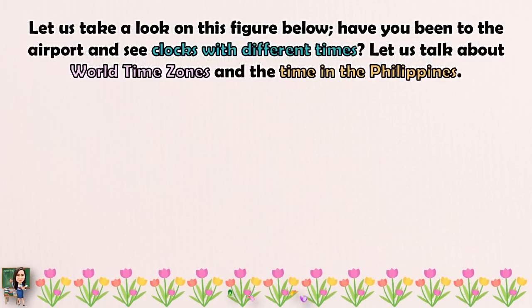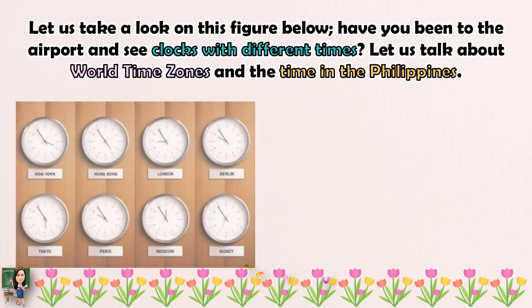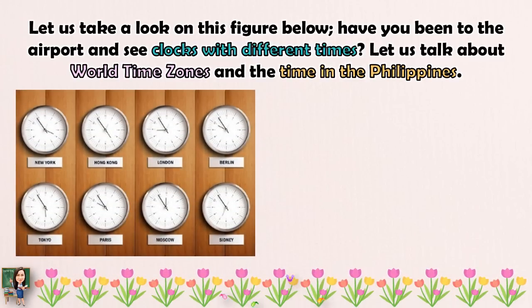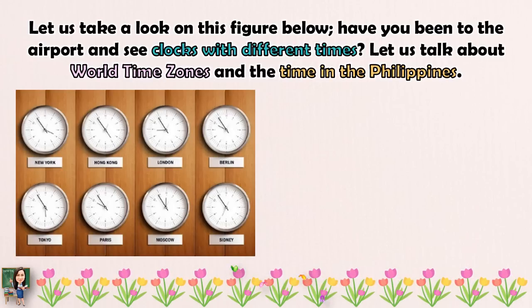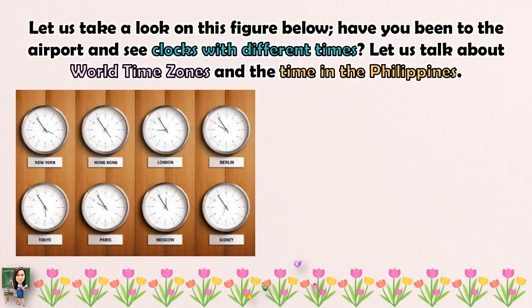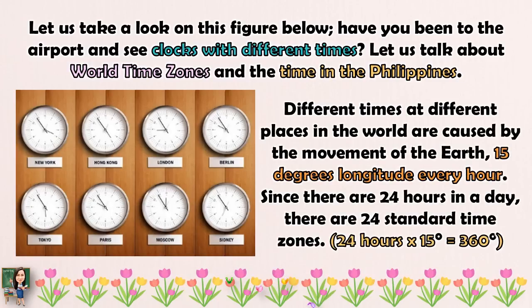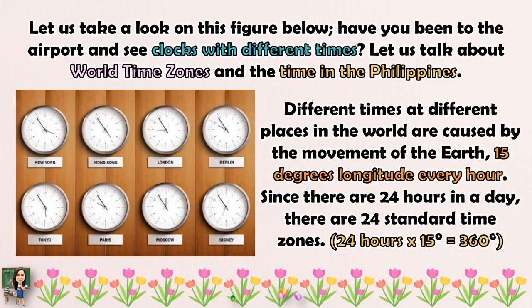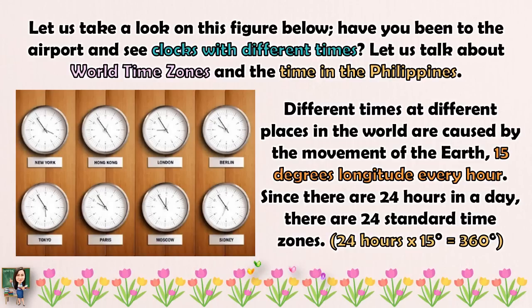Let us take a look at this figure below. Have you been to the airport and seen clocks with different times? Let us talk about world time zones and the time in the Philippines. Different times at different places in the world are caused by the movement of the Earth, 15 degrees longitude every hour.